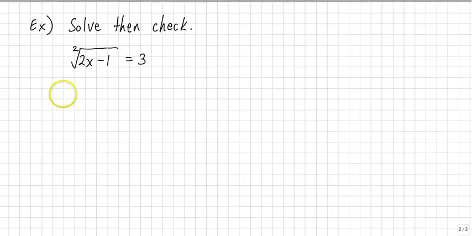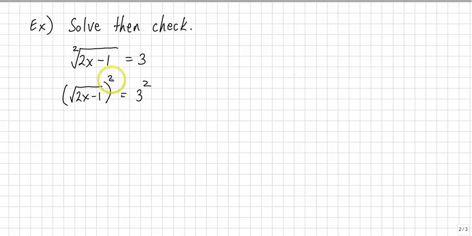So the very first step is we're going to take the square root on the left side and we're going to square it. Now mathematically, it's not legal to just square the left side of the equation. The only way it's legal is if you square the right side of the equation. So you have to do the same thing to both sides of the equation.